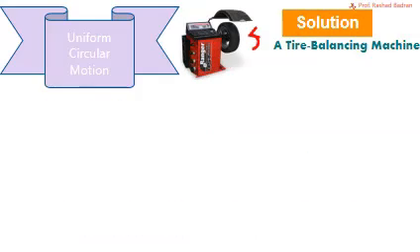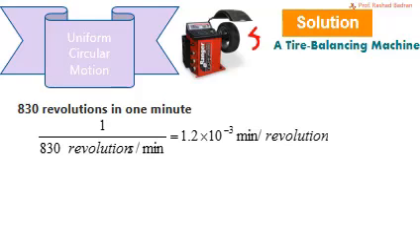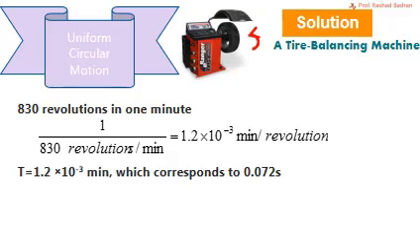To solve this problem, we need to know that 830 revolutions per minute, the inverse of that, gives us the time of revolution. This time of revolution is 1.2 times 10 to the minus 3 minutes, that is 0.072 seconds.